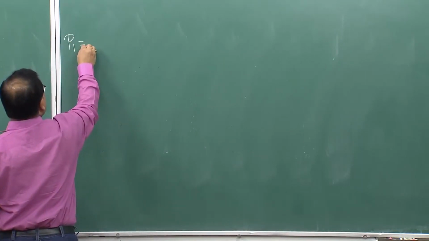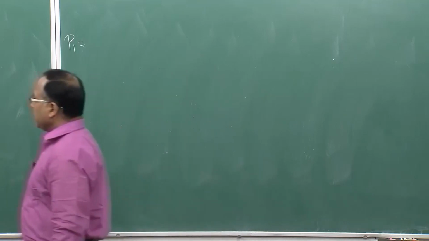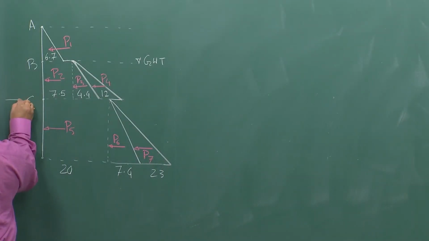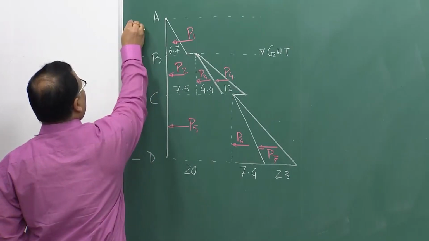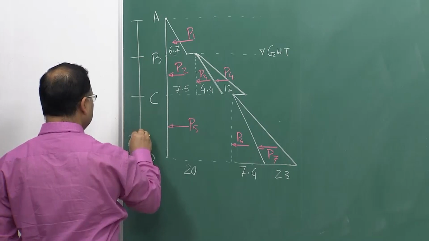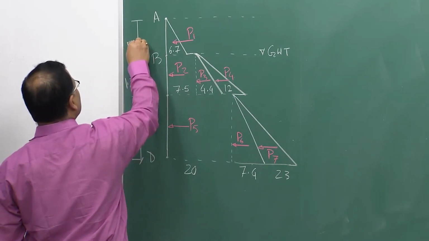Say P1, how can we calculate P1? This is your 2.3 meter, this is your 1.2 meter, this is your 1 meter.